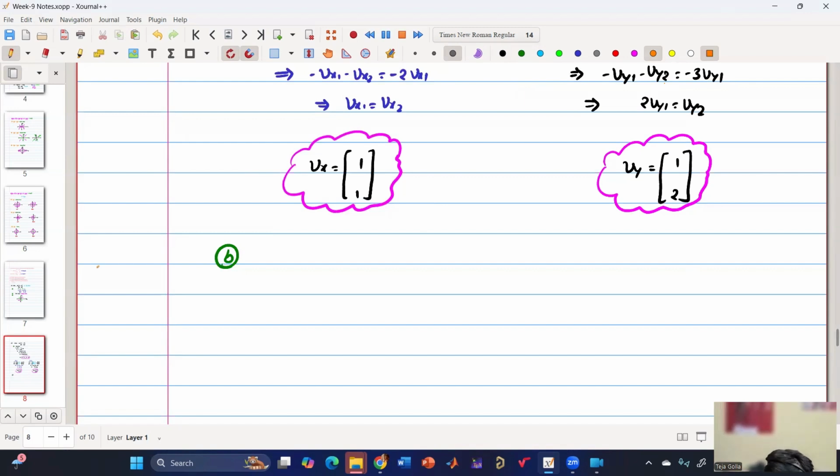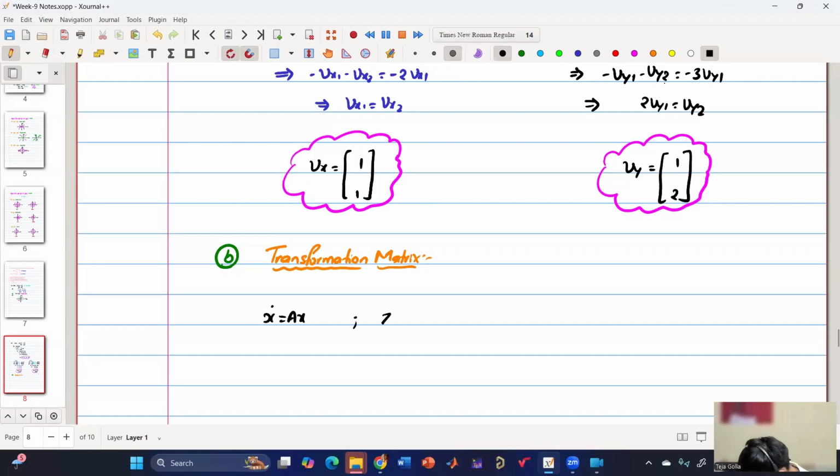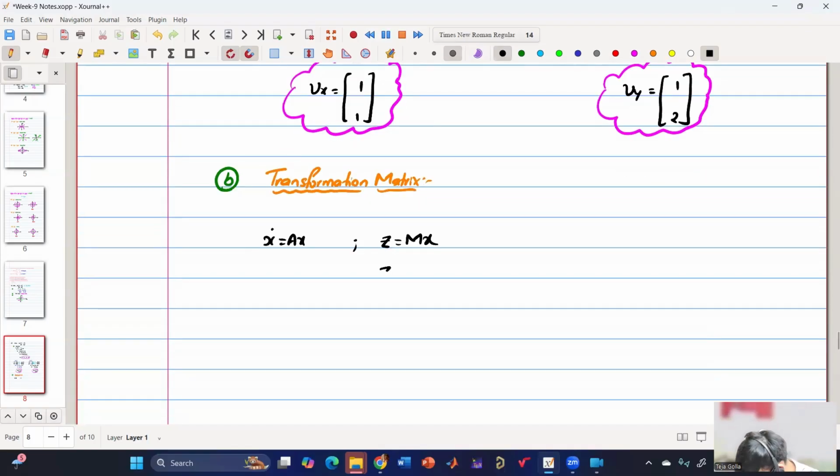So say I have x dot = Ax. Now I have considered one transformation z = Mx. So what will be z dot? Z dot will be M into x dot. And what is x dot? X dot is M into A into x.